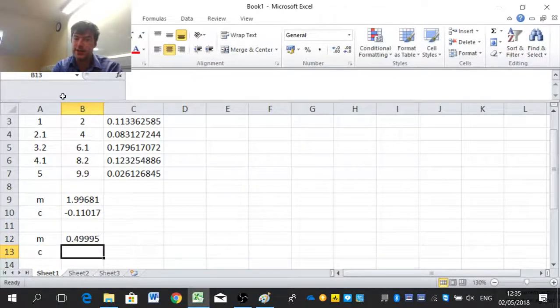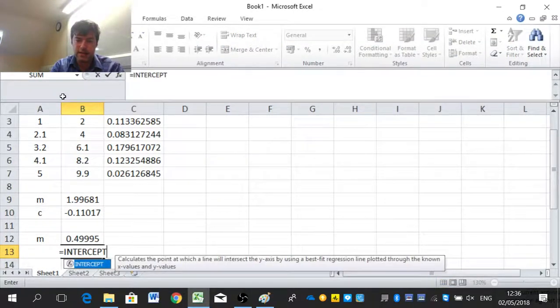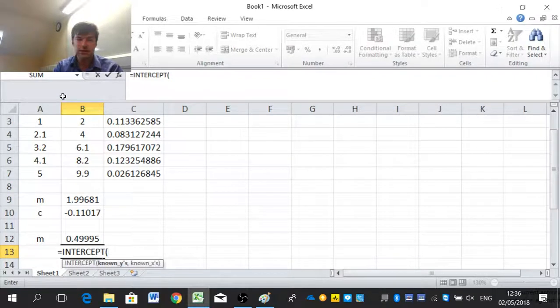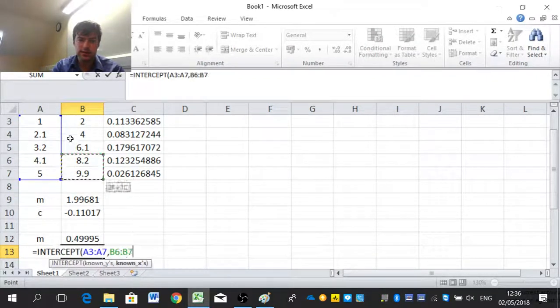Now you see it's a half, which makes sense, because if it was 2 and you flip it to look at the x, then it makes sense that it's a half. It's the opposite. The intercept, what do I highlight first? X, comma, y.